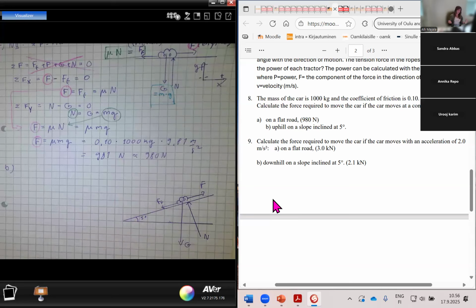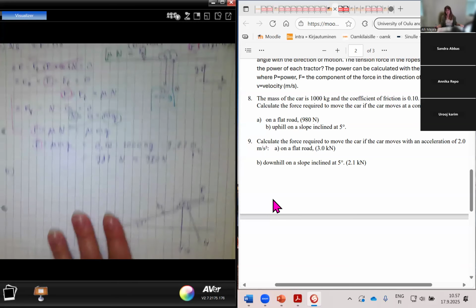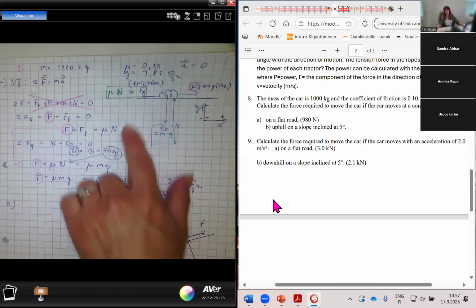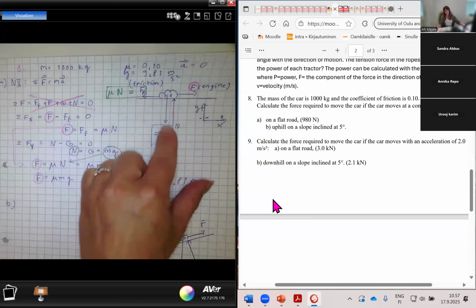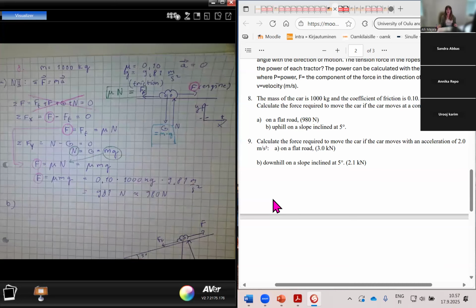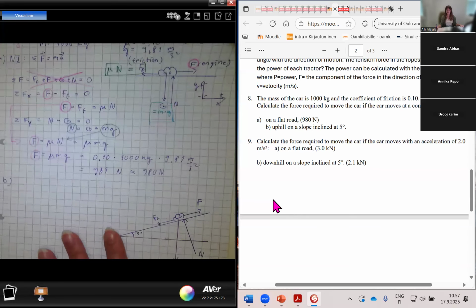So now I know something. First of all, I know that I can't calculate all the forces together. Before, I had an easy calculation because the forces are pointing in the horizontal and vertical direction, so I had two directions.